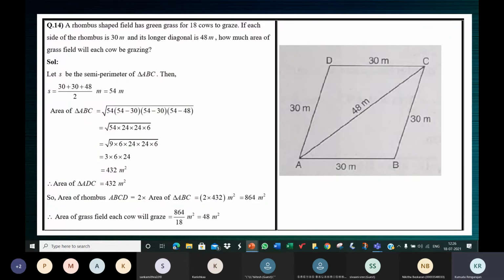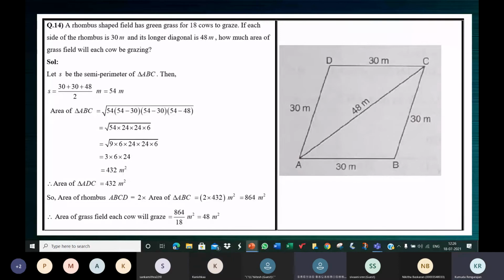What is the other property of a rhombus? The diagonals bisect each other. So when AC is 48 meters, what is the length of AO and CO? AC is 48. Then how much is AO? How much is CO? Ma'am, 24.